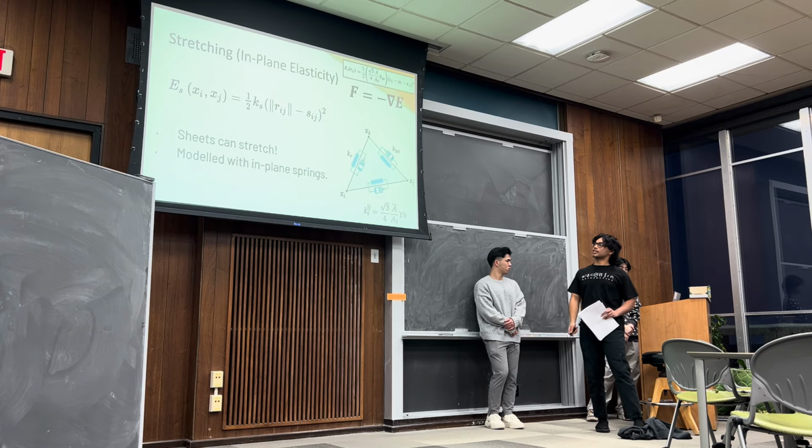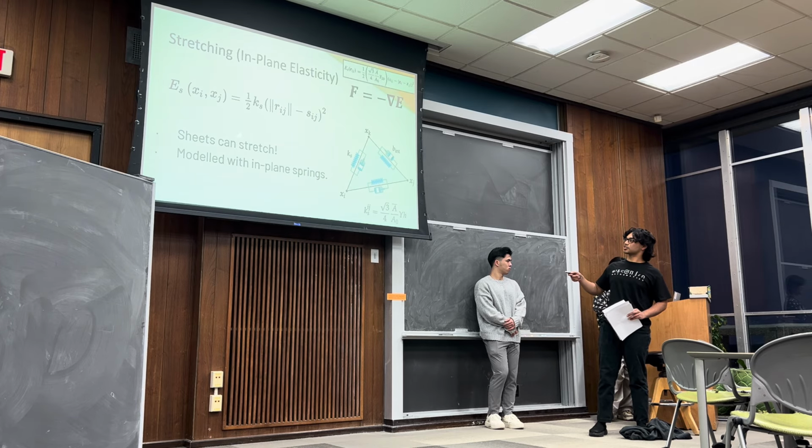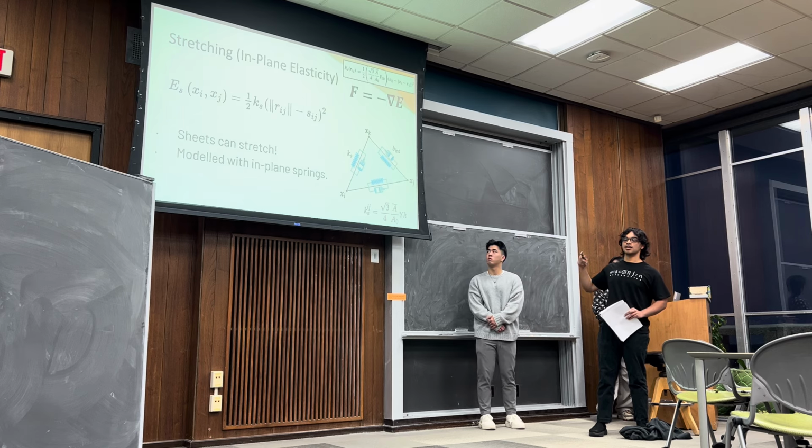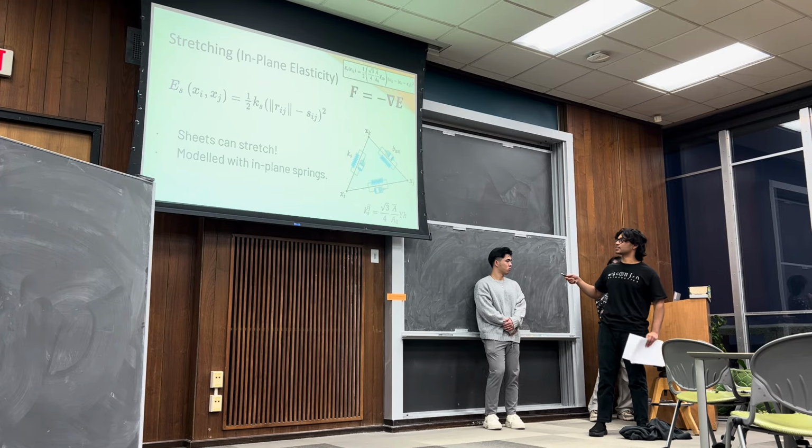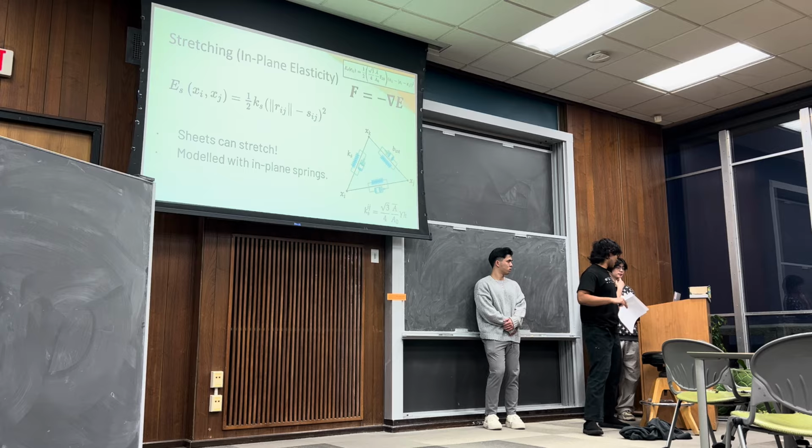So the first one is stretching. We established stretching and bending earlier, but basically we have this energy. I mentioned force is the gradient, or 3D derivative, of energy here. And so basically we do that to this, and we are able to represent the stretching of a thin sheet using that.